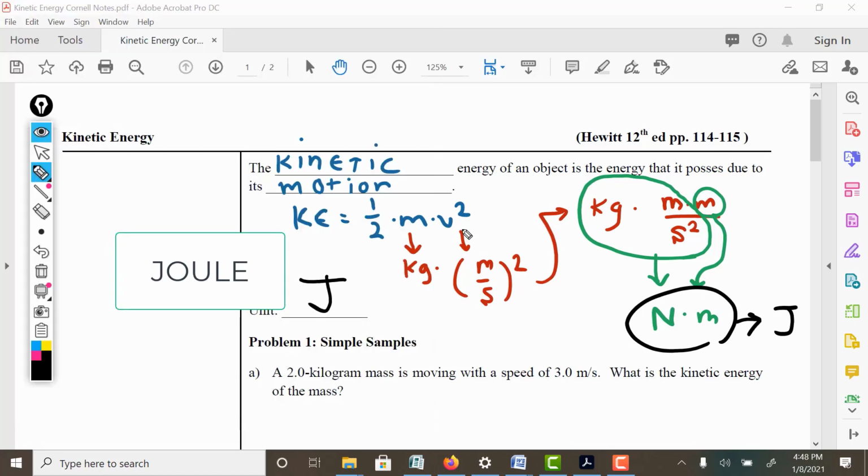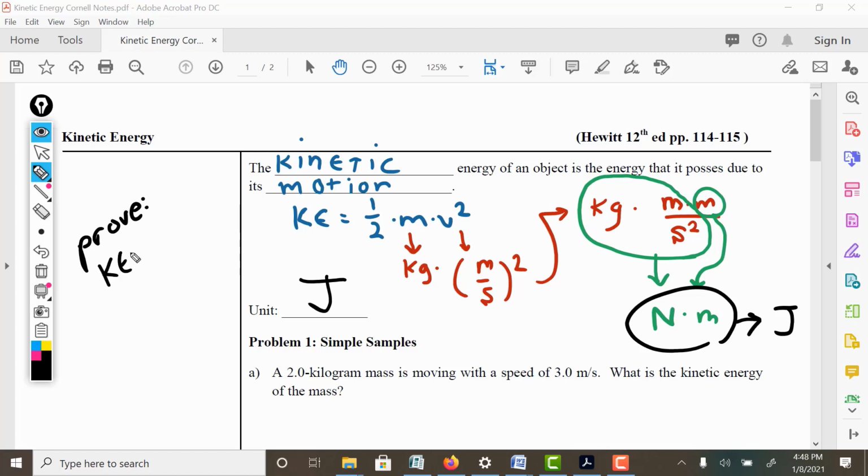Now, for those of you that are wanting a nice little exercise, I would suggest to you in your left columns to prove that kinetic energy is 1/2 mv squared. No need to, but those of you that are looking for A-level understanding, you would do this by using the third kinematic, and you would be using Newton's second law, and the third kinematic on the x-axis.